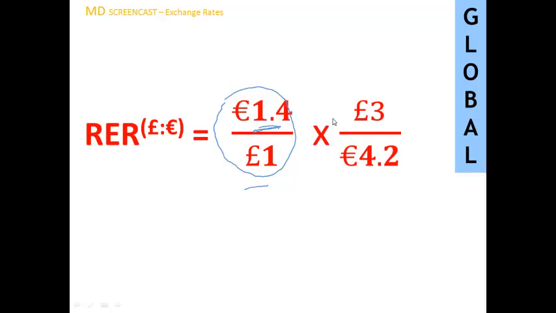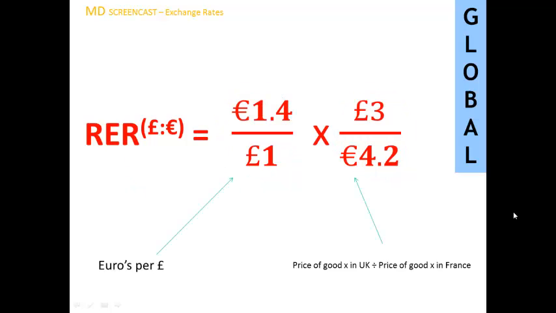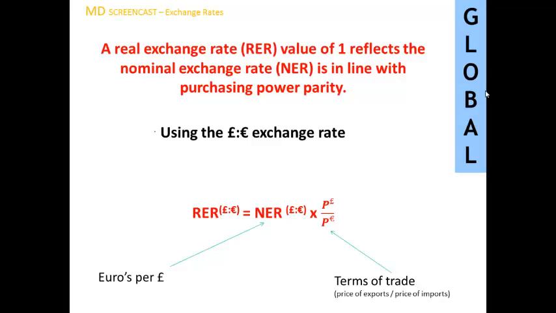Now the price of the product in pounds is £3 and the price of the product in euros is €4.20. Therefore, the real exchange rate actually reflects purchasing power parity. The currencies have the same purchasing power when exchanged. So the euros per pound for the nominal exchange rate multiplied by the terms of trade for this particular good gives an indication that there is purchasing power parity.